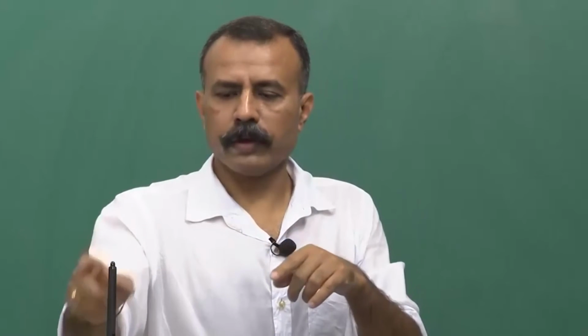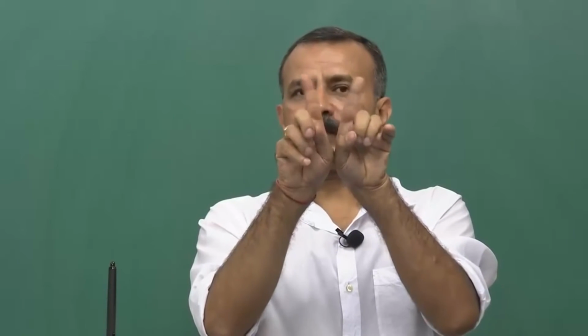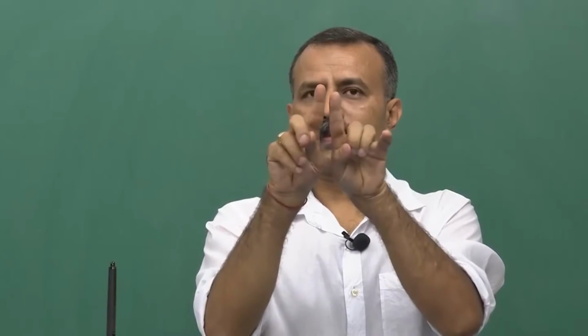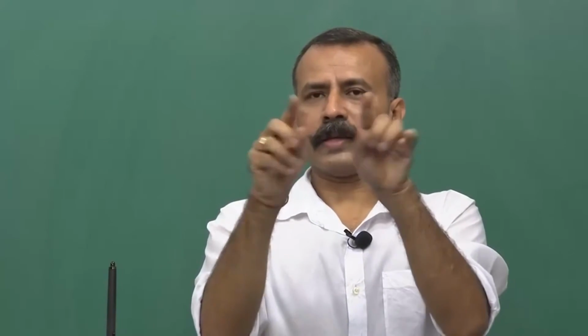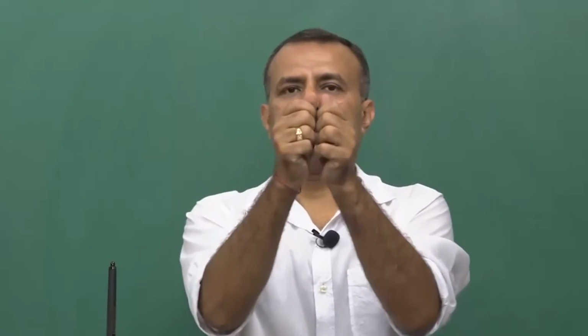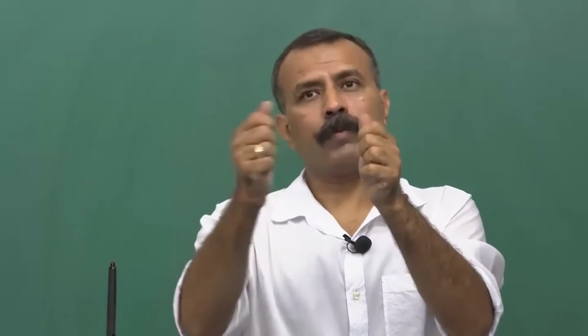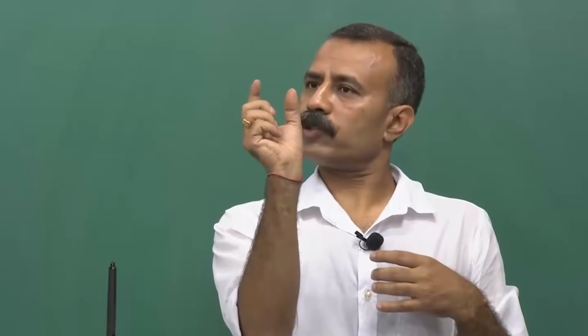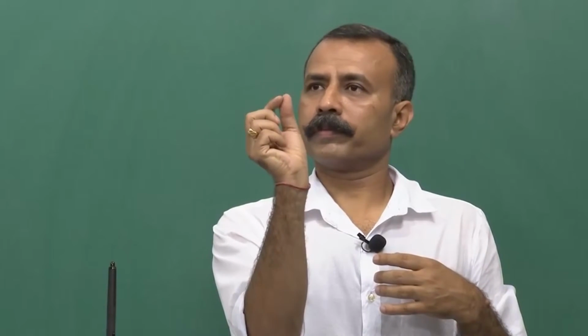In other words, there is a finite displacement taking place, as if you have a spring which you can stretch, but it does not go beyond a limit. There is a finite stretch happening like this.